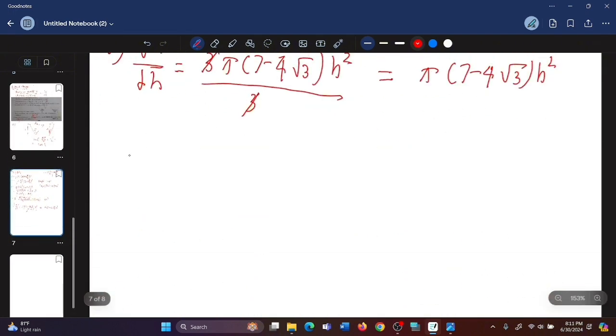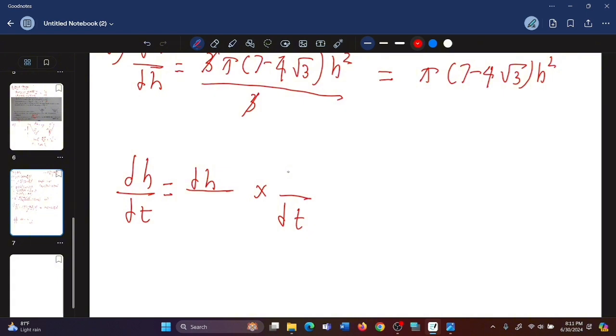As we are told to find dh by dt, the rate of change of depth, the change in height per unit time, now I'm going to use something called mathematical magic. I write dh multiplied by dt, and then put the same thing as the numerator and the denominator so that it can get cancelled out. We don't change anything.